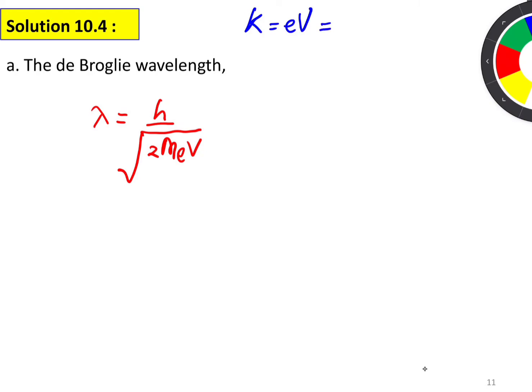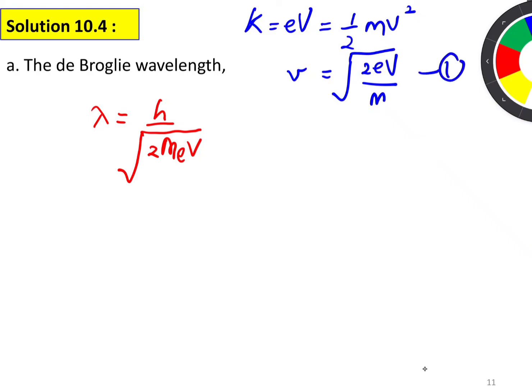Dan kita tahu juga kinetic energy is equal to half mv squared. Okay. So, V, velocity is equal to root 2eV divided by mass. Ini adalah first equation. Second equation, kita tahu lambda is equal to H over mv. Okay, substitute nilai V dalam equation kedua.